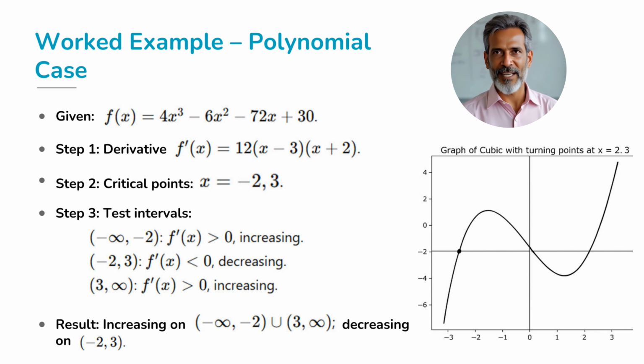Now, let's test the intervals. For the interval negative infinity to negative 2, f prime of x is greater than 0, so the function is increasing. For the interval negative 2 to 3, f prime of x is less than 0, so the function is decreasing. For the interval 3 to positive infinity, f prime of x is greater than 0, so the function is increasing again.